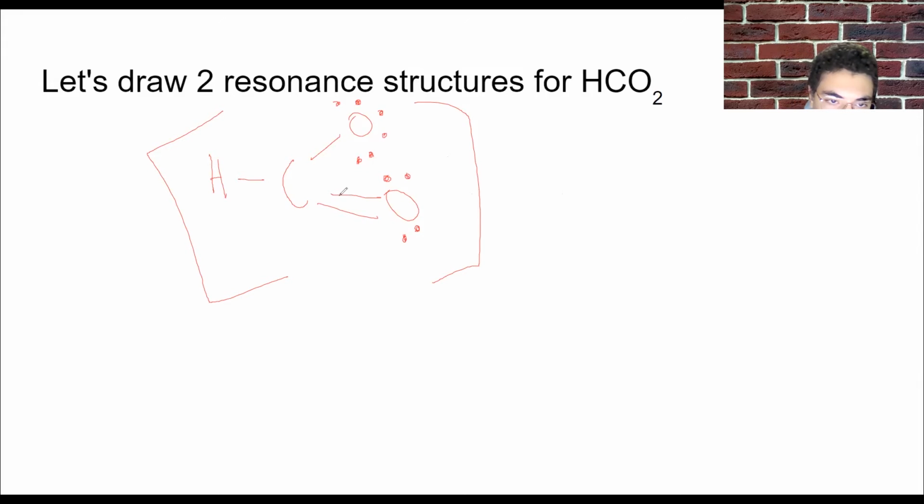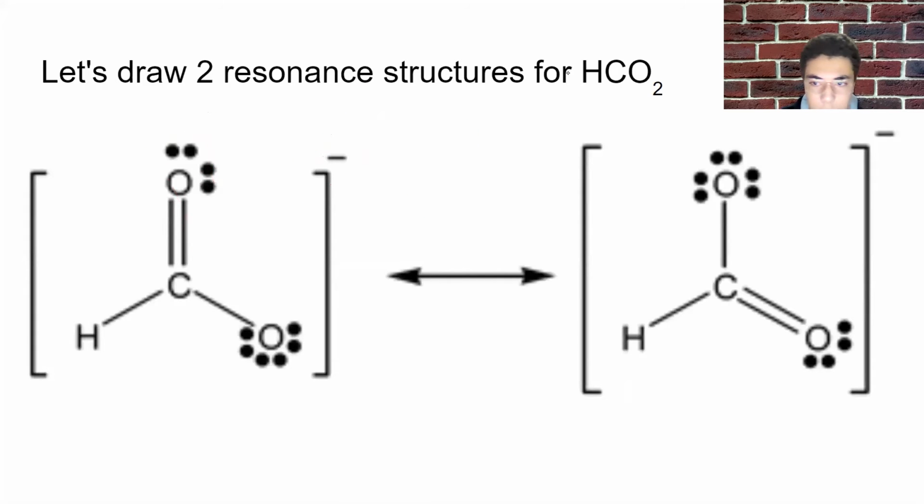Here we can remove this double bond, remove these two electrons and add two electrons here, and add a double bond here, and now this is ready. This is another structure for the same compound. As we see here, these are the two structures.